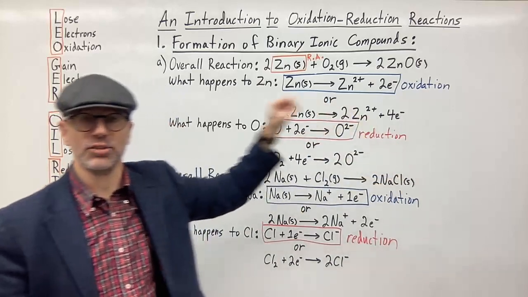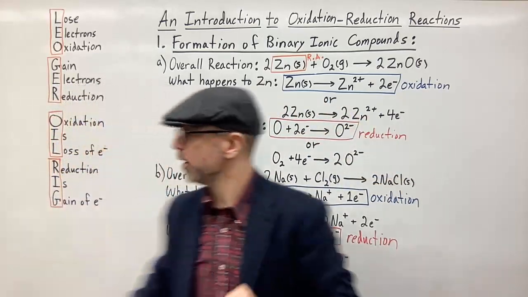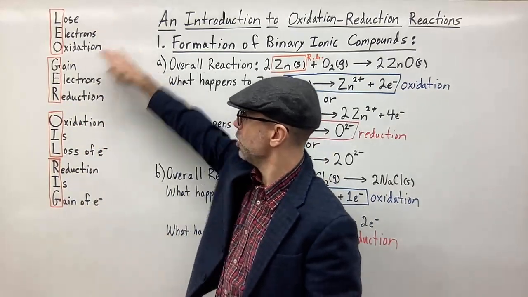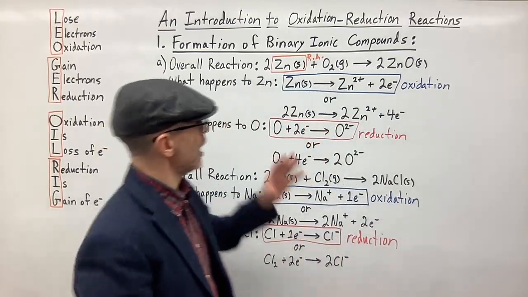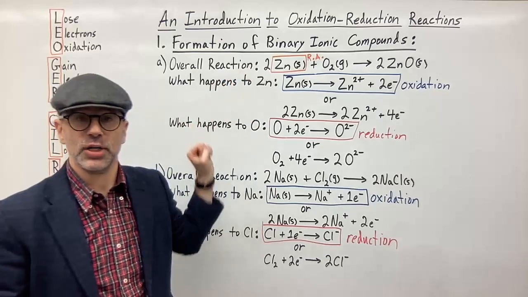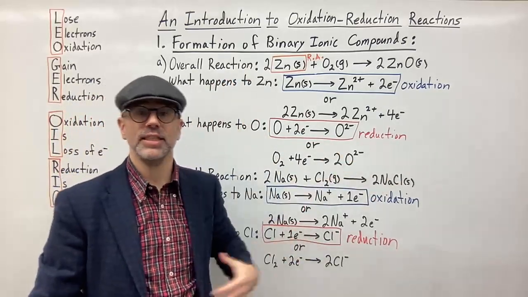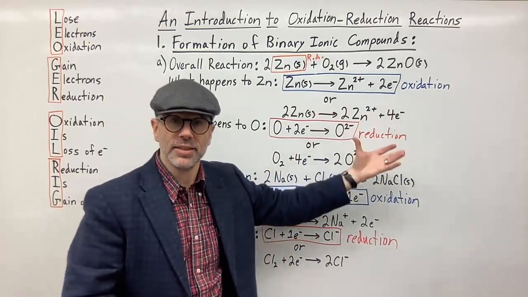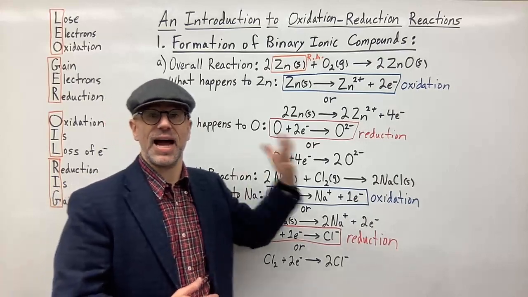And what is loss of electrons? Loss of electrons is oxidation. So oxygen, by taking electrons from zinc, is causing zinc to lose electrons. It's therefore causing zinc to be oxidized, right? So therefore, it is an oxidizing agent.